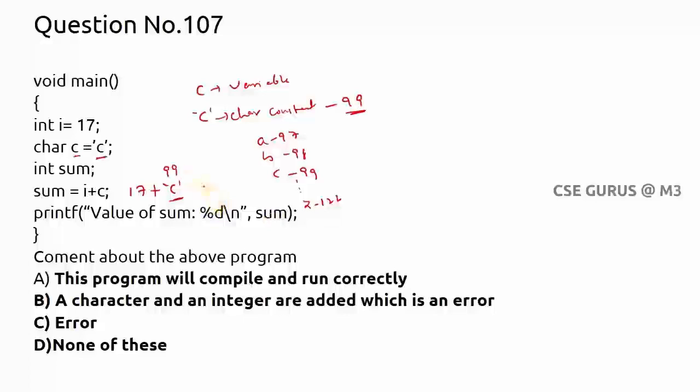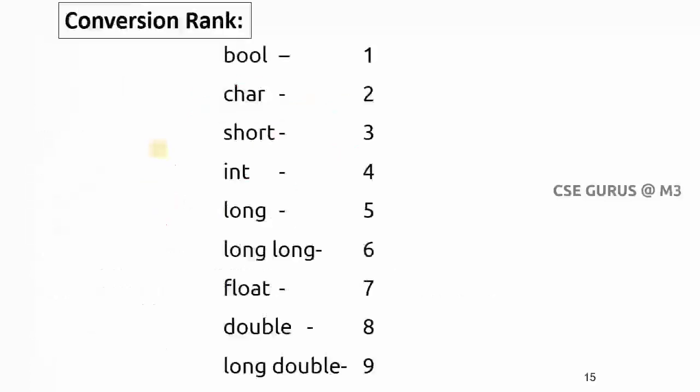So you may have one doubt: why is character converted to integer, why is integer not converted to character? For implicit type conversion, the compiler follows rules or ranking which we call conversion ranking. Here you can see this is a conversion ranking. So based on this it will convert. In our example I have given character and integer. If I take two data types, the one on the top will be converted to the bottom.